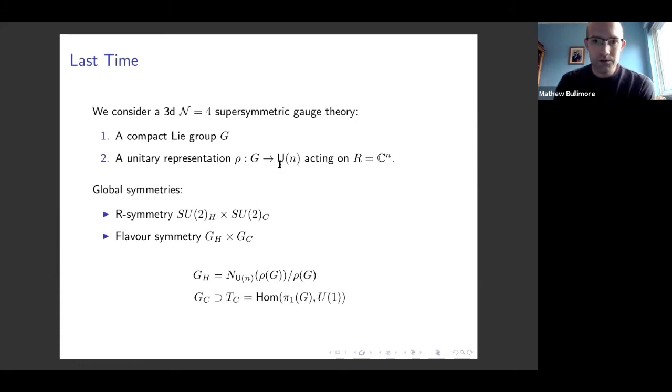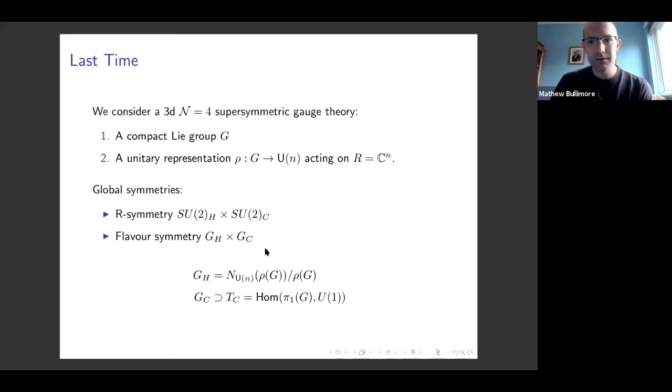And we also discussed the global symmetries that are involved in these theories. First of all, there's an R symmetry, which all of the theories have, which is SU(2) times SU(2), labeled with subscripts H and C that refer to Higgs and Coulomb. And then on top of that, the R symmetries are global symmetries that act in a non-trivial way on the supercharges.